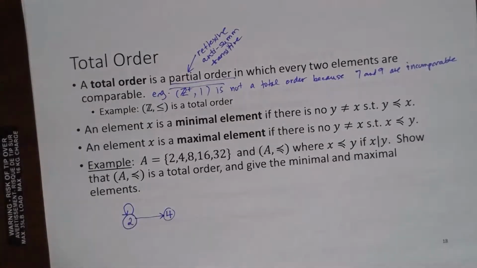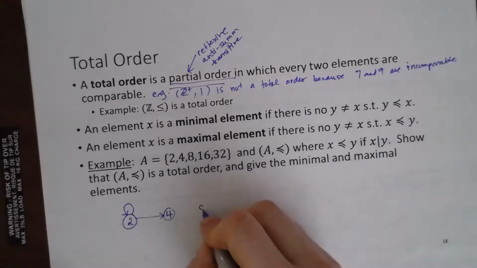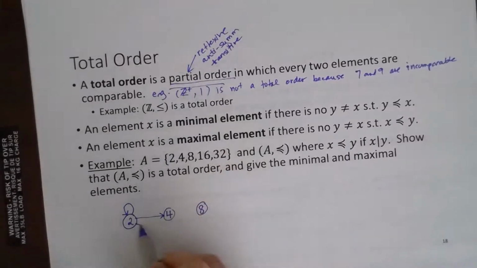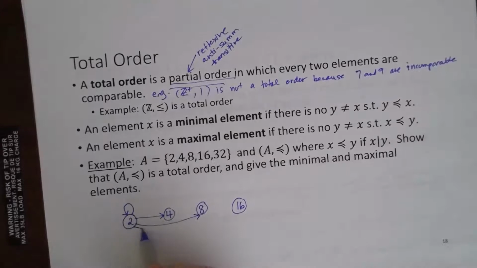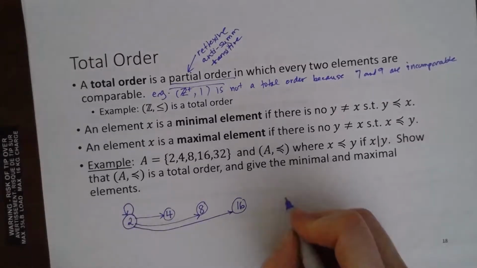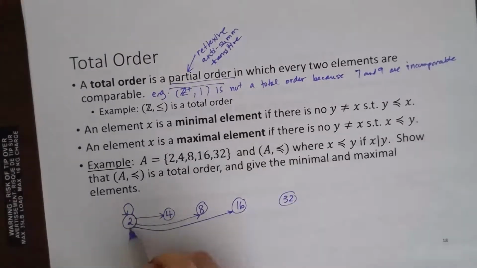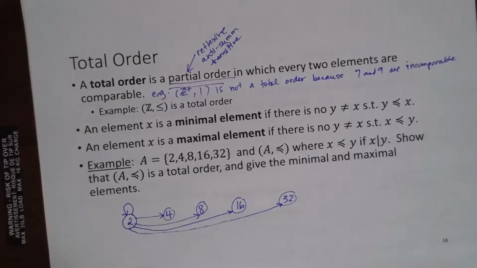And does 2 divide 8? Yeah, so I'm going to put it in there. And 16, yes, and 32. I'm just going to put all these in there. So it divides all of those. So 2 is related to everything.